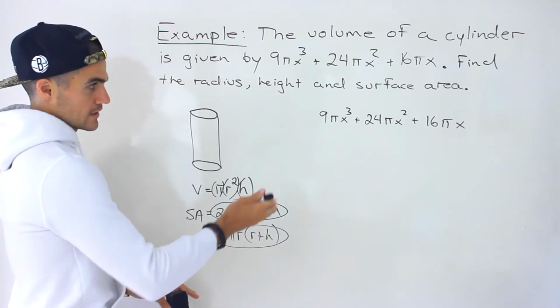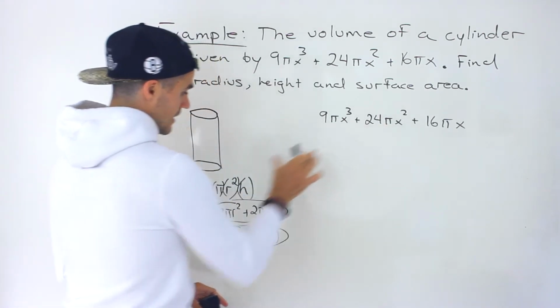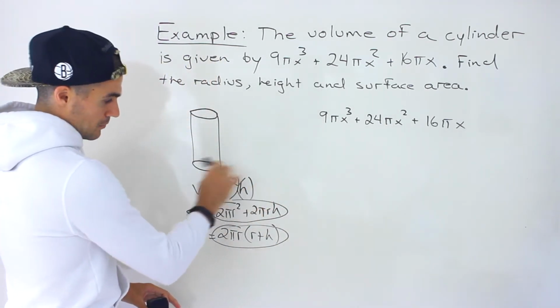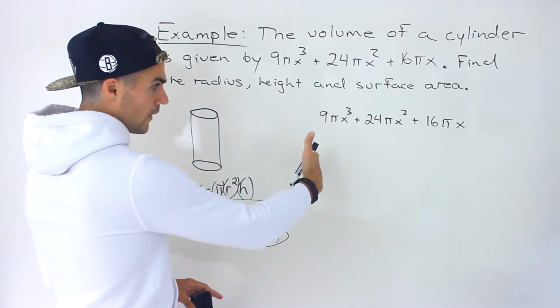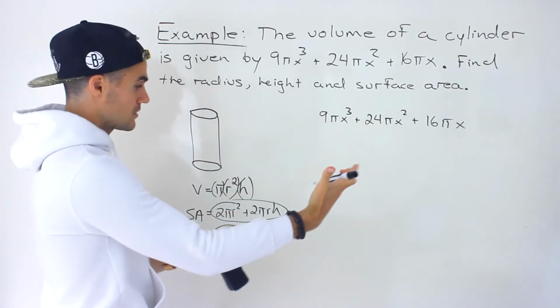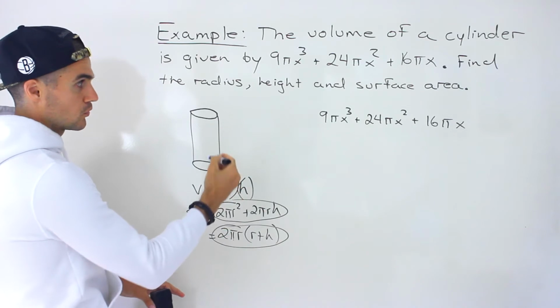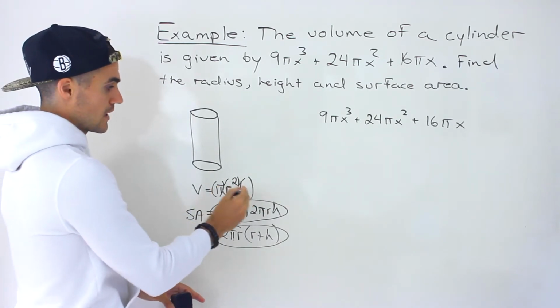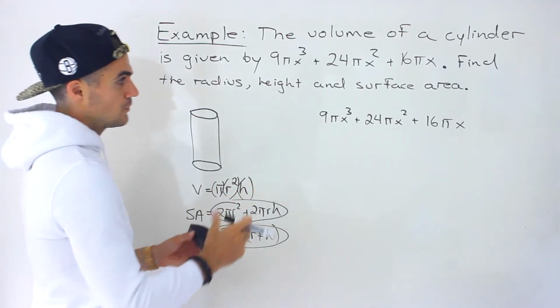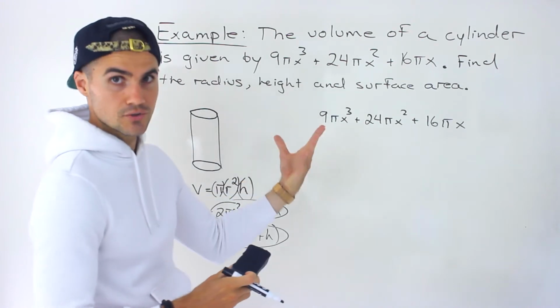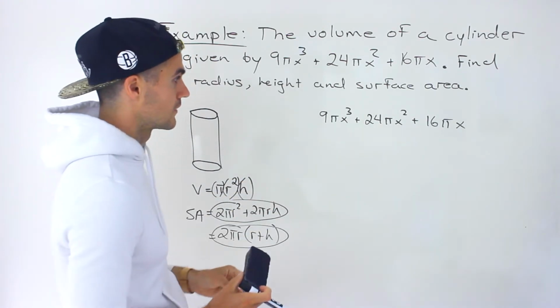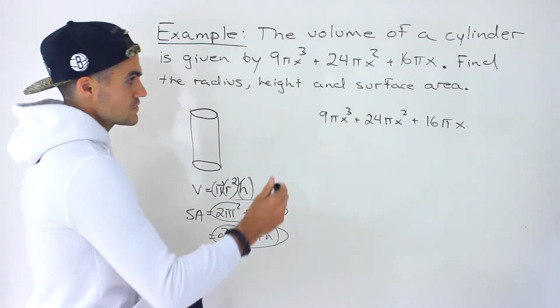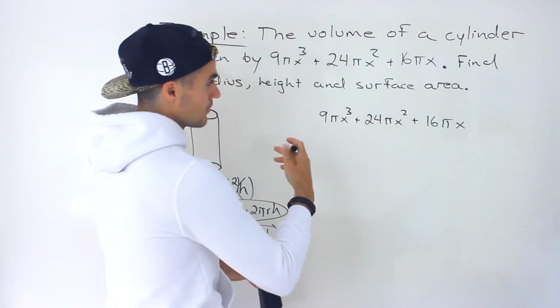So what we want to try to do is take this and put it in this format where expressions are multiplying by each other, because then we'll be able to tell more easily what the radius and the height is. And so what we want to do with this is, you guessed it, factor. So first thing we do, we look for our greatest common factor.